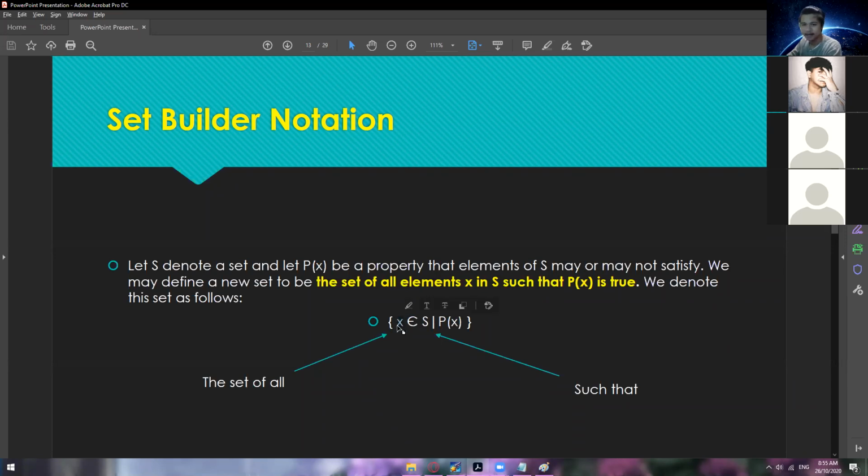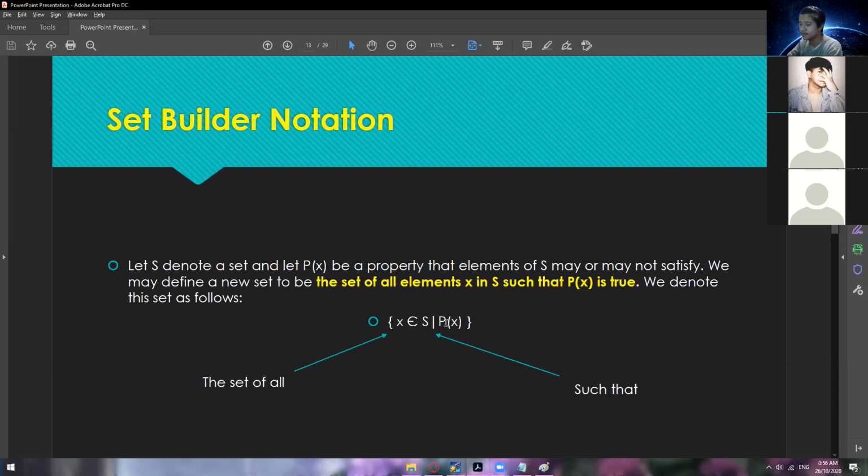So we have here an element X, an element of set S such that. Okay, so yung nakikita nyo straight line na to sa gitna, we read this one as such that, and then itong nasa dulo is P of X. So this P of X is the condition. Okay, so for example, X is an element of set S such that X is an integer, okay?